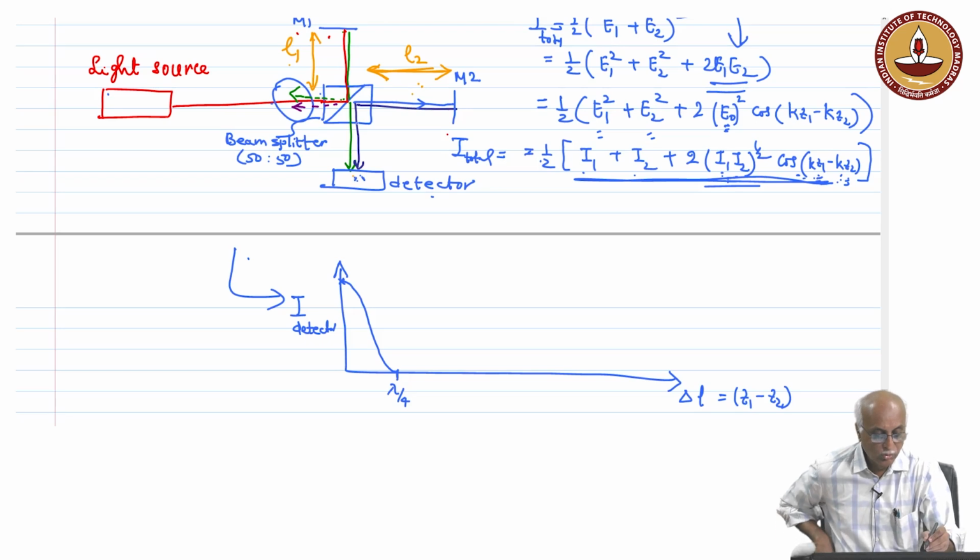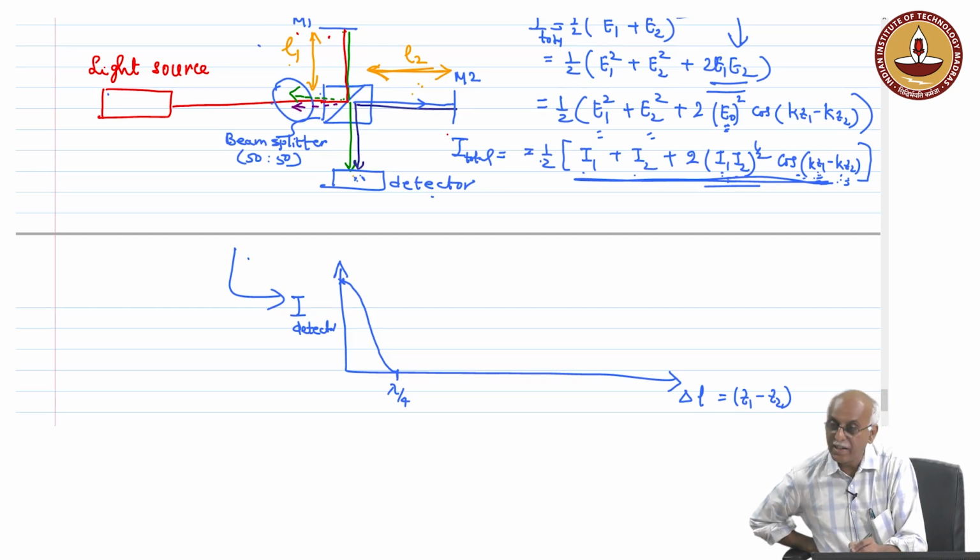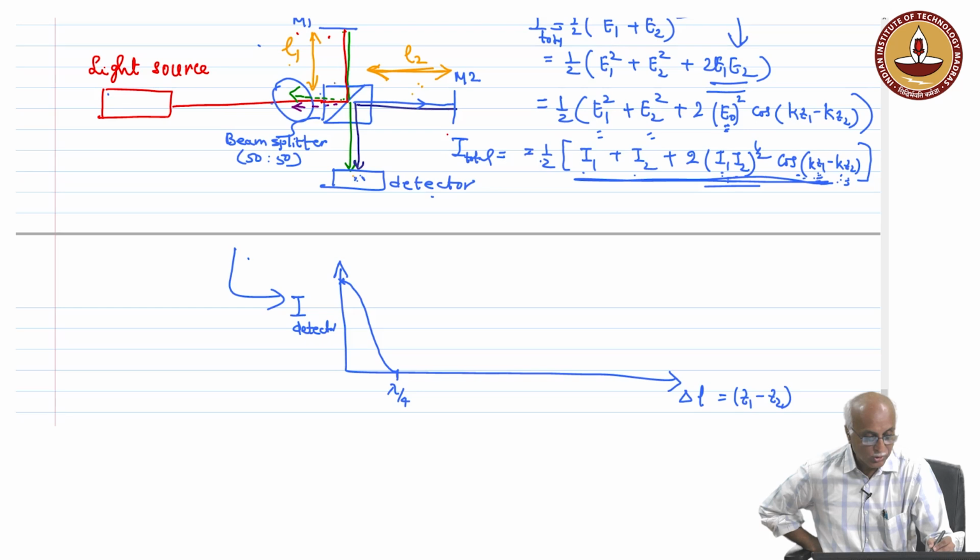Difference in path length lambda by 4. So L1 minus L2. Two times it is traveling, isn't it? 2 times L1. This Z1 is 2 times L1 minus 2 times L2, isn't it? Two times it is traveling.